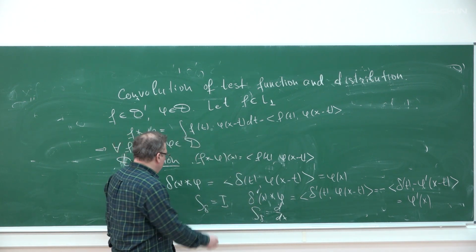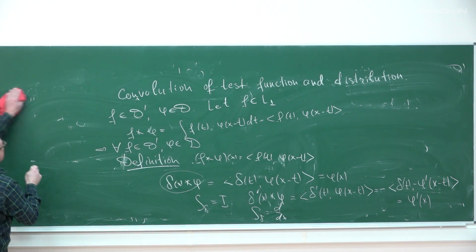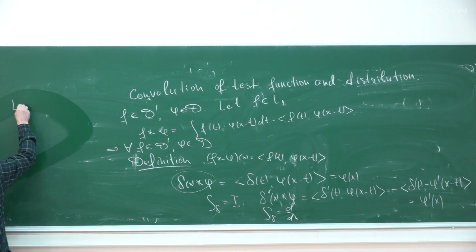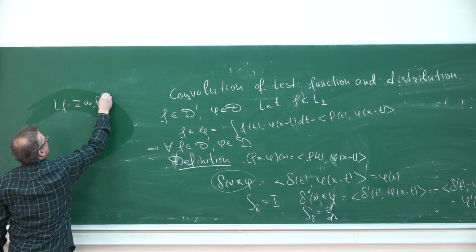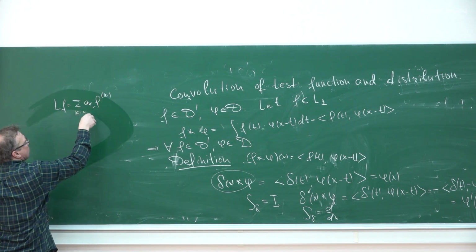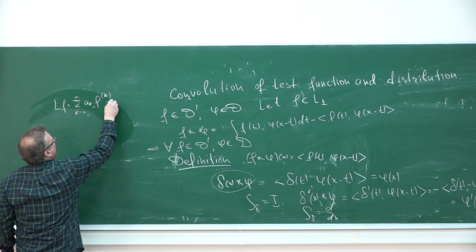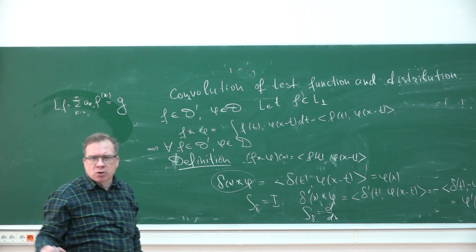And now you can see why we use this. If you have some differential operator, L f equals the sum of a_k times the k-th derivative of f, let's say for simplicity with constant coefficients, and you want to find a partial solution.